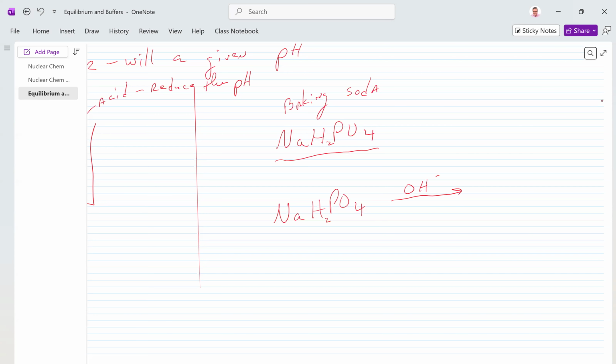So how does that buffer keep it from going up? The way it keeps it from going up is to neutralize the OH. What's the easiest way to neutralize the OH? It's with an H.